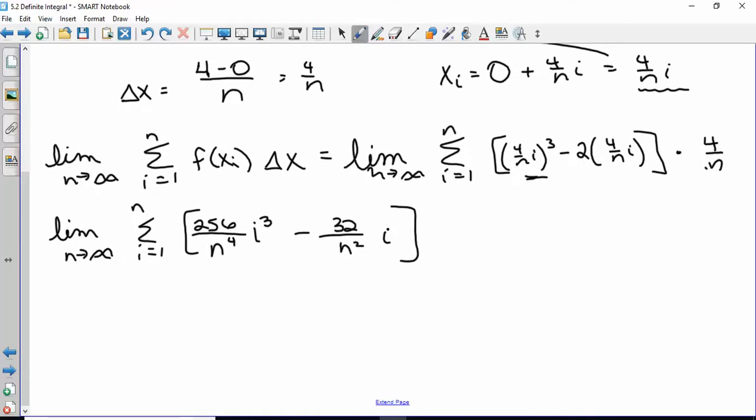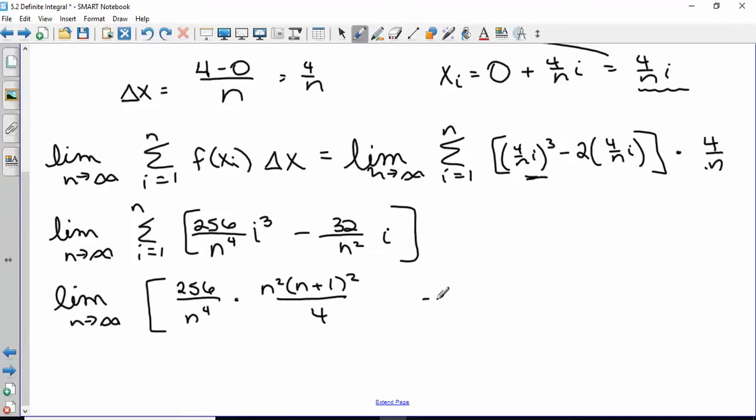Okay, so I multiplied everything out. You guys okay there? Now we use our summation formula. So once you use the summation formula, that sum goes away. The i cubed formula is n squared times n plus 1 squared over 4. The i formula is n times n plus 1 over 2.